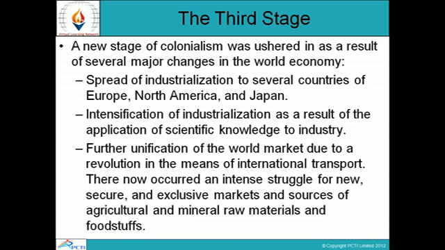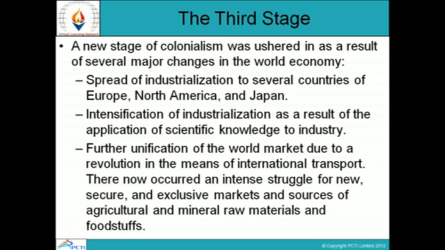There now occurred an intense struggle for new, secure and exclusive markets and sources of agricultural and mineral raw materials and foodstuffs. It means industrialization and modernization occurred, and as a result there was a unification of the world market and an intense struggle for exclusive and secure markets as well as raw materials, foodstuffs and agricultural products.